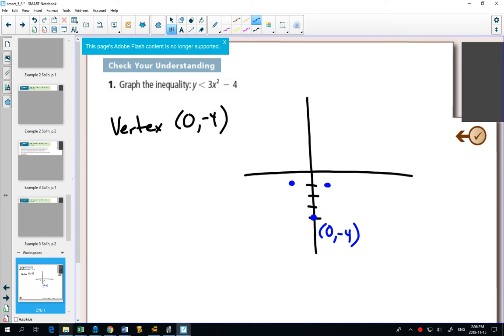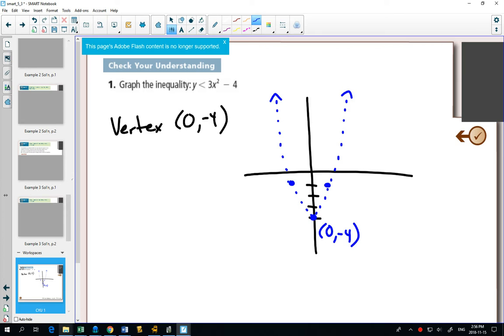Now when I draw this parabola, am I going to draw this parabola with a solid line or a dotted line? It's going to be dotted. And we want to shade y is less than.